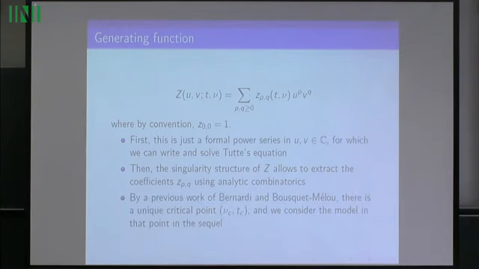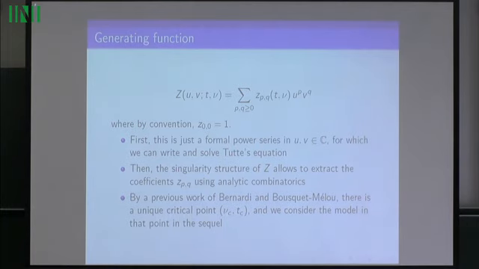Okay, and then there's a previous work of Bernardi and Bousquet-Mélou where they identify a critical point of this model in the case when q is 0 and p is, let's say, smaller than 3. We can translate this critical point to our model. In the sequel, we work at this critical point for basically two reasons. The first reason is that we assume the most interesting phenomena happen here.